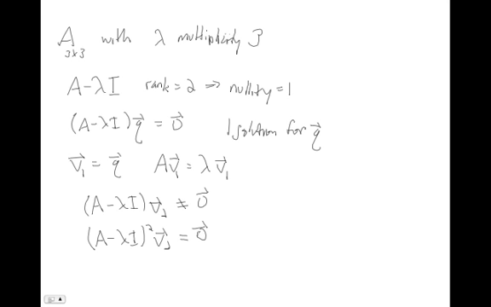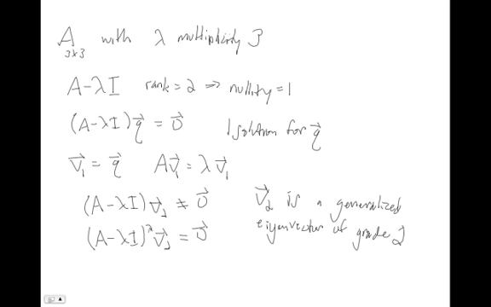So we call this thing a generalized eigenvector of grade 2, and the reason why it's grade 2, so let me just write that. V2 is a generalized eigenvector of grade 2. And what do we mean by grade 2?